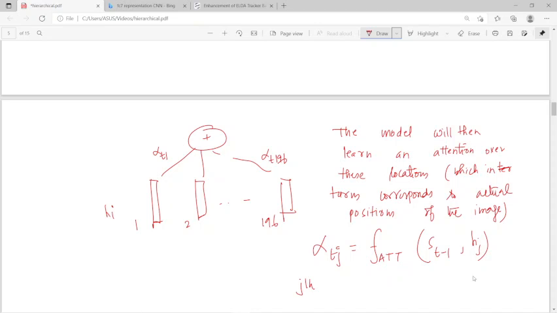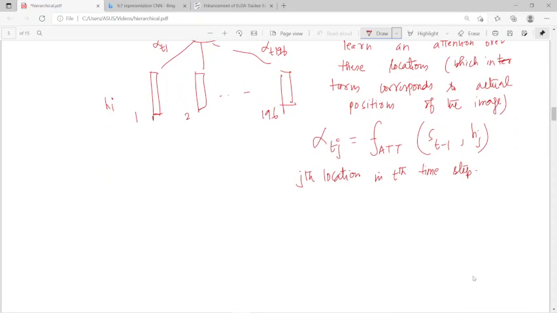This is the jth location in the t-th time step. And this particular attention, we already found, you will get these equations from the previous slide, and this is t minus 1, v_j, and this is the bias of the attention if you write it like that.